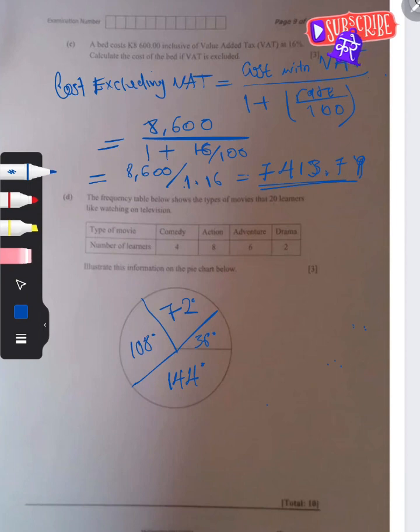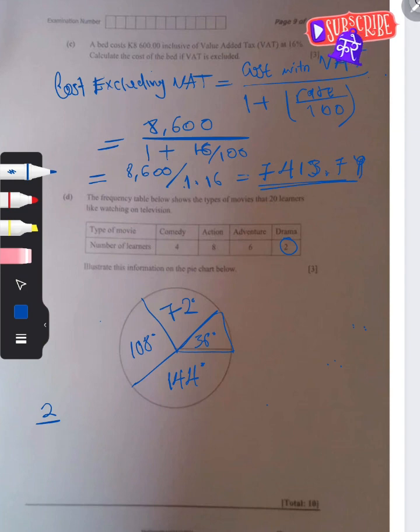Normally a pie chart is presented in percentage, and because it is taken from a circle, which is a complete turn adding to 360 degrees, each portion is a fraction of 360 degrees. So for drama, for example, we have 2 participants.